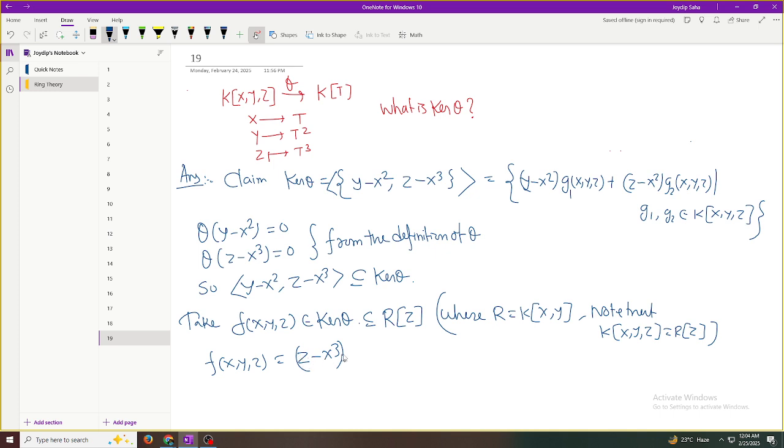So when I divide by z minus x cube, the remainder should be constant in z, so no z term. Constant means from R.